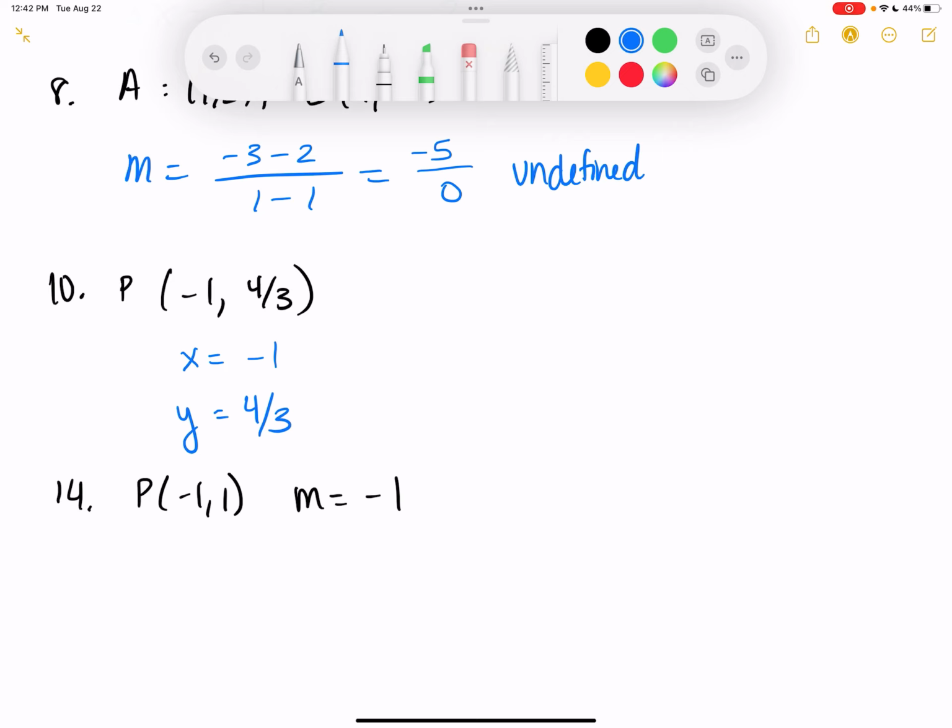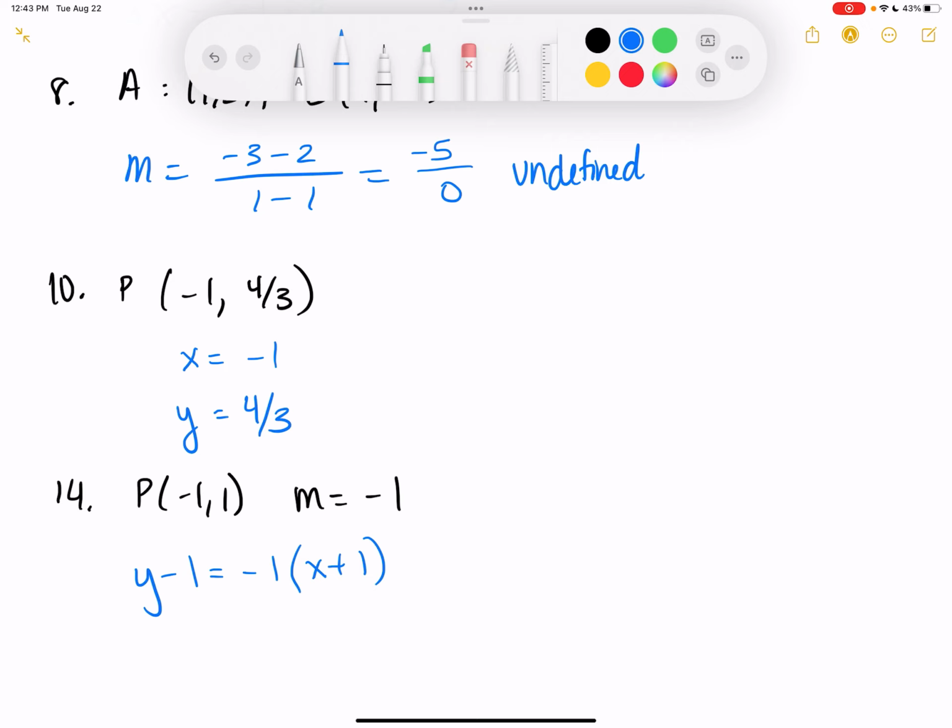Point-slope form. You don't have to find the slope first, the slope is given to you. So it'll be y minus 1 equals -1 times x plus 1.